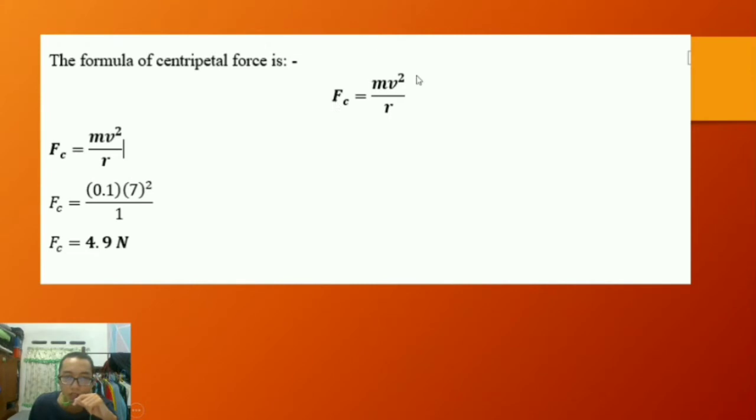We know that the centripetal force equals mass times acceleration, which is v squared over radius. We calculate and we get 4.9 Newton.